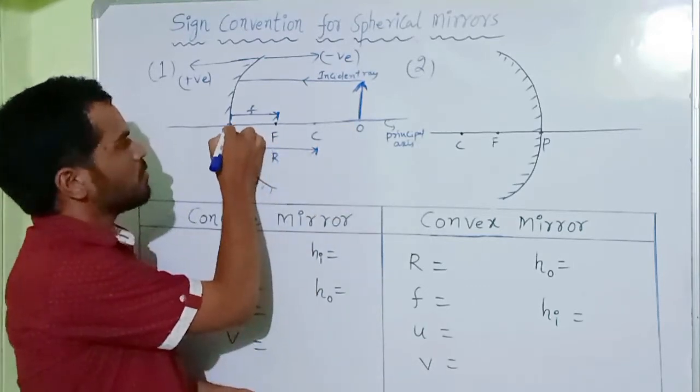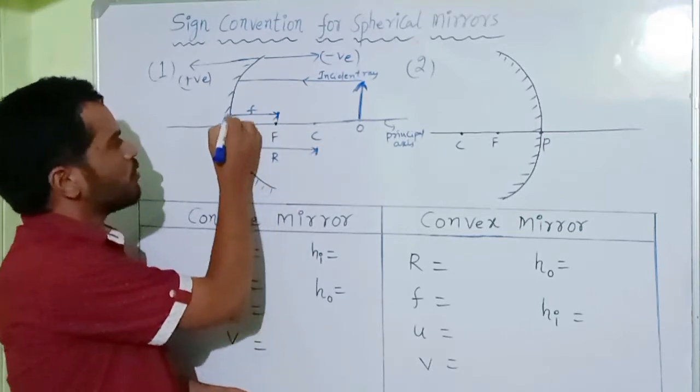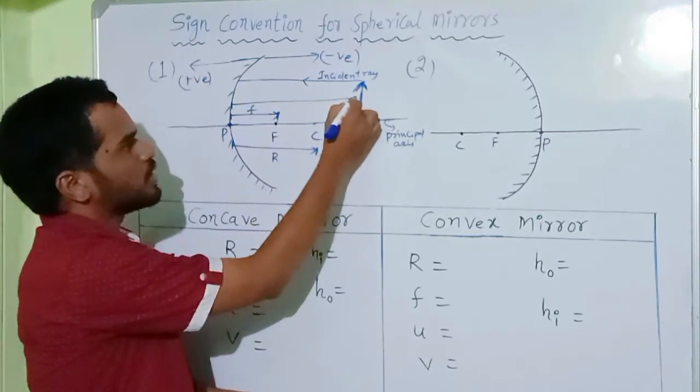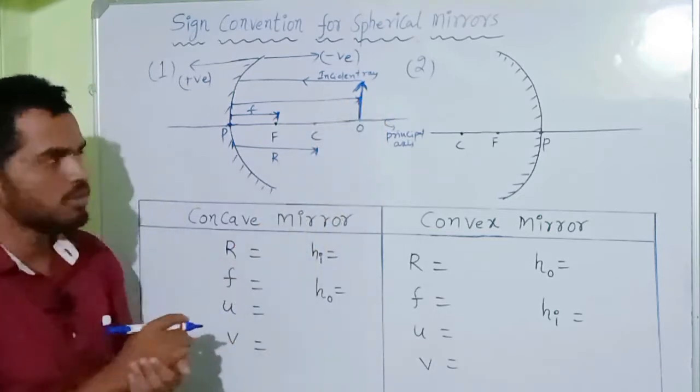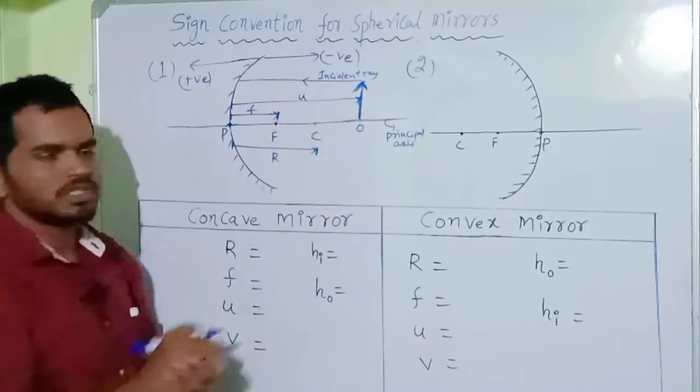Now what is this? The distance from pole to object becomes the object distance, u.